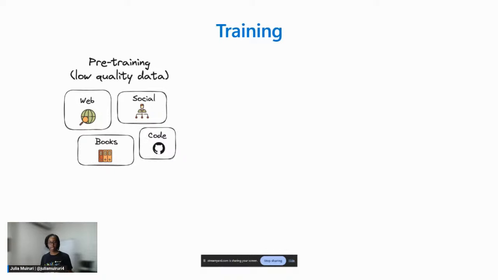As I mentioned earlier, the whole idea here is taking a bunch of information. You grab as much data as possible, which could be from the web, from social forums, from books, or from code repositories. Then you feed all this information into a model and train it to learn from this data. As a result of this process, you get what we call a fundamental or base model.